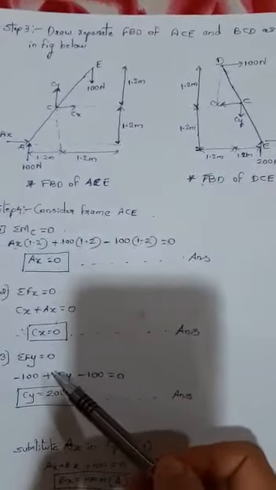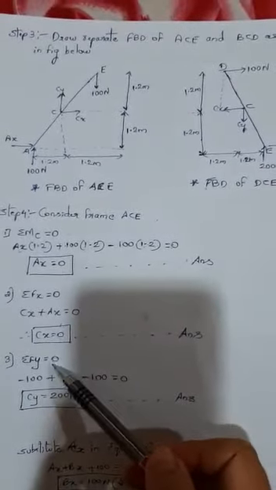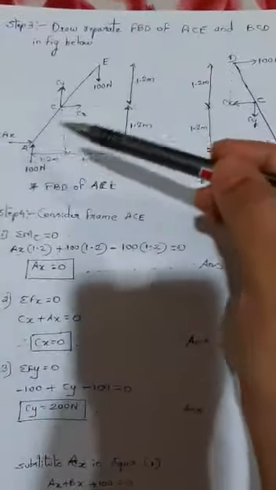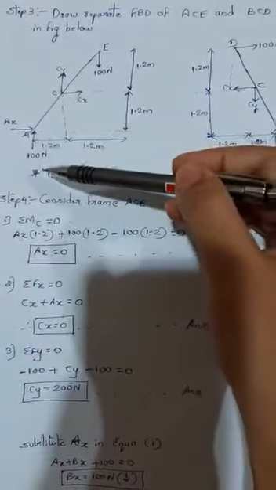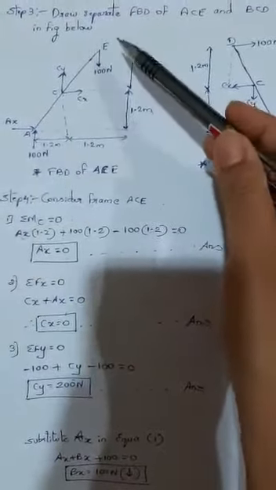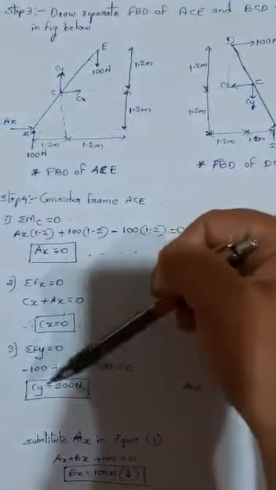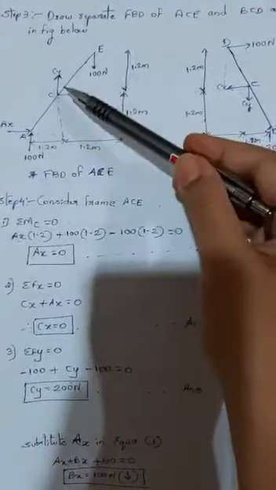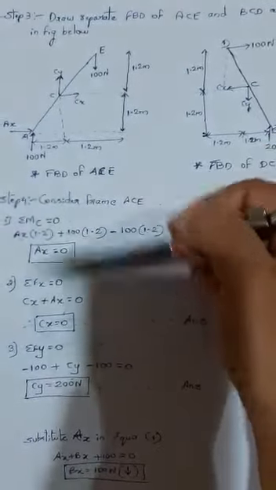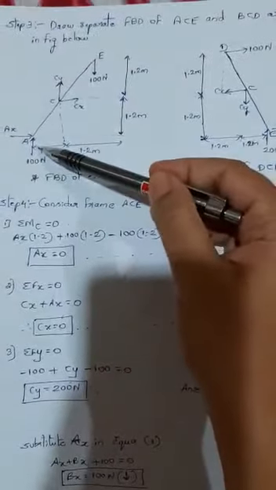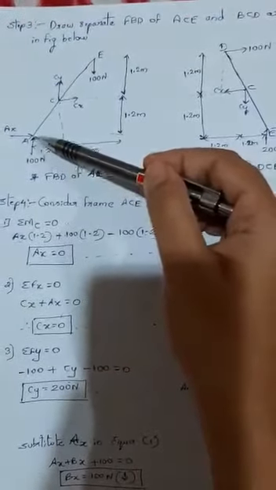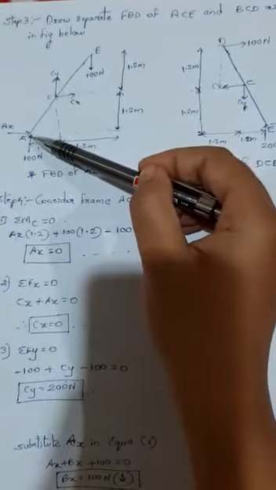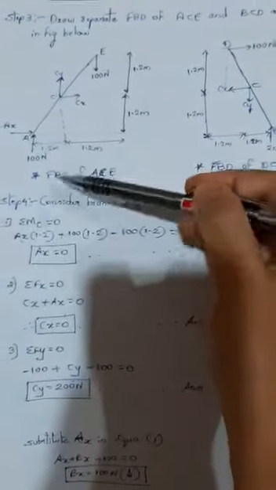Next, step number 3, summation of Fy is equal to 0. So what is summation of Fy here? Vertical forces 100. Yes, this 100 is acting downwards. So minus, plus Cy is a vertical force, Cy, and the other force, actually I have shown here it is upwards, but in the calculations of the previous step it is negative, so it is downwards.